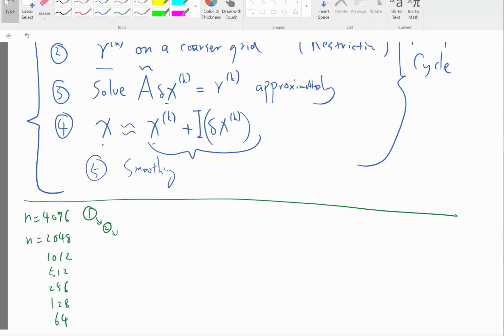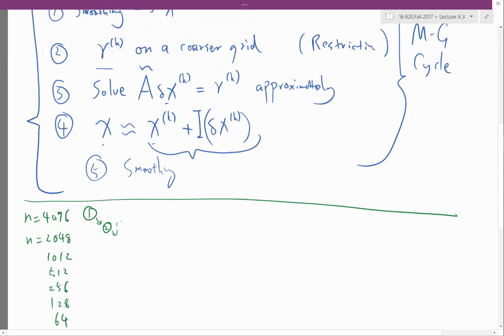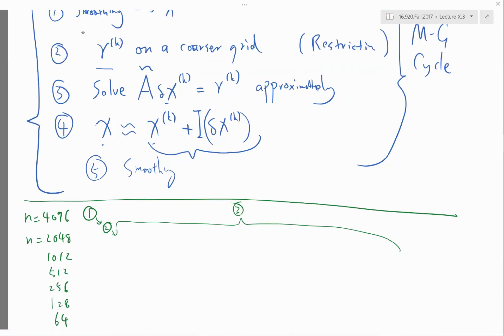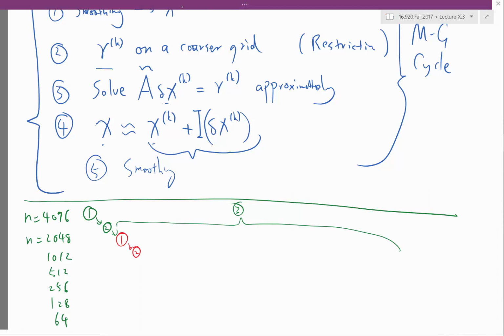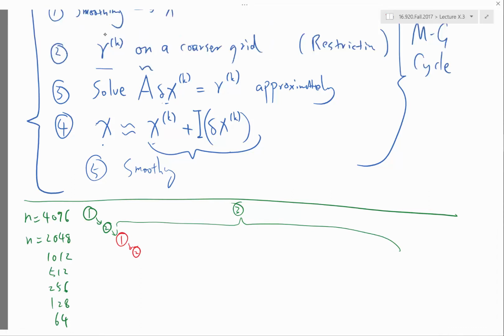So let's change the color. The whole step 3 is going to be over here. It involves calling step 1 again from the beginning on this coarser grid, and step 2 between them. Then let's change to another color. The whole thing is going to be step 3 on this grid.